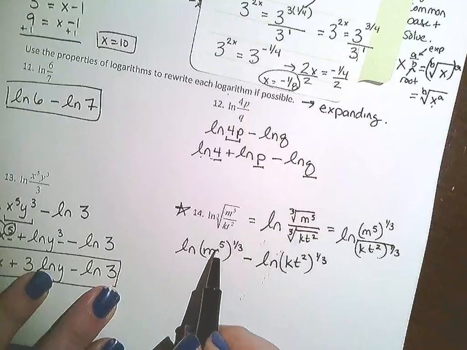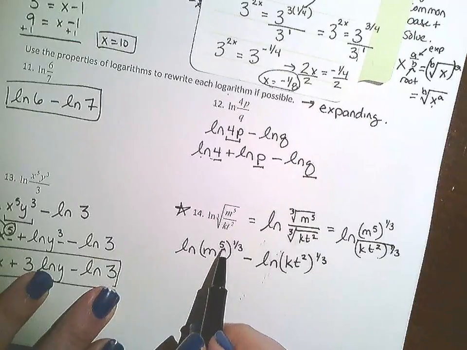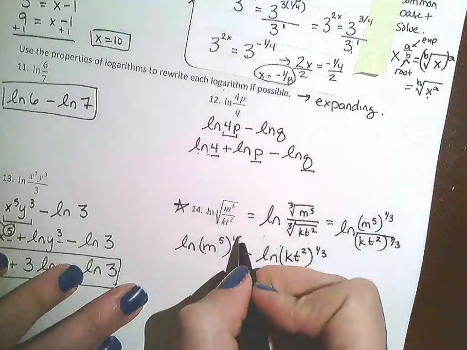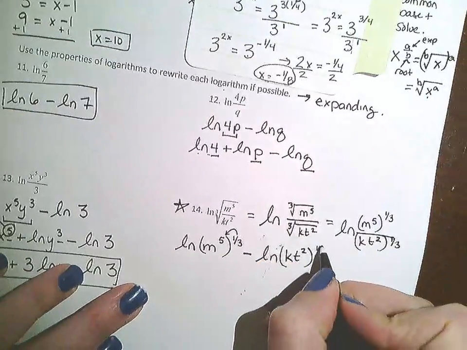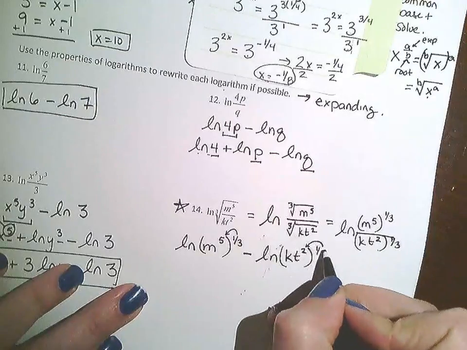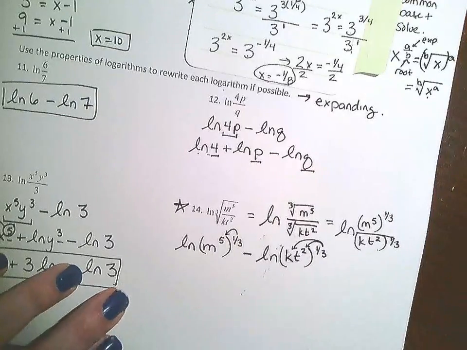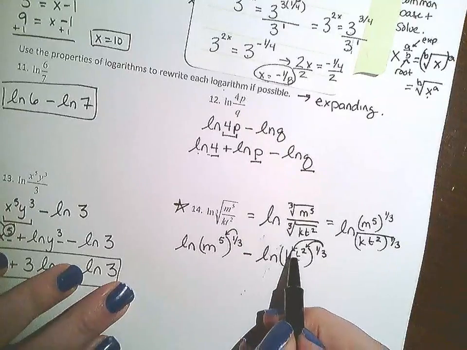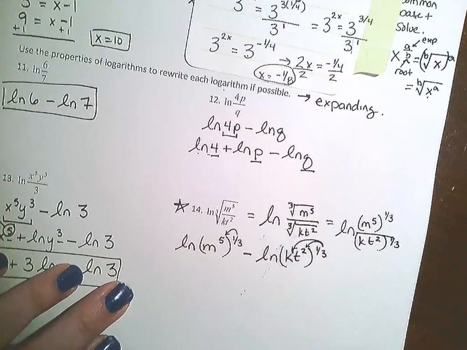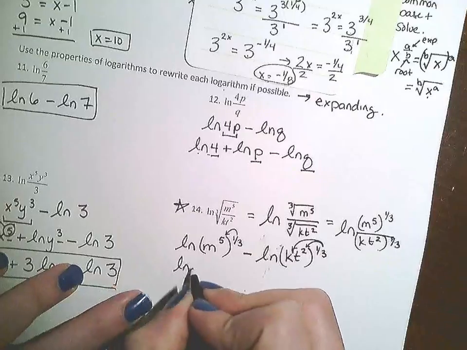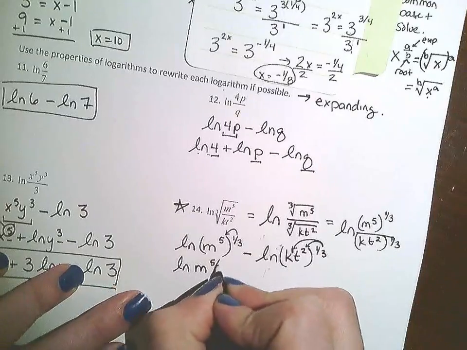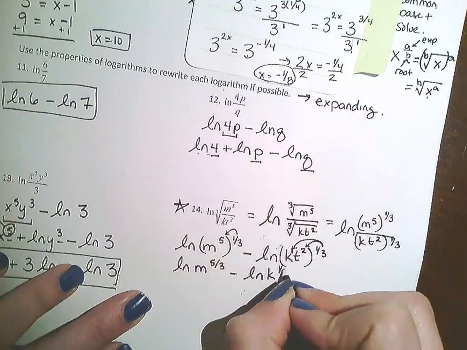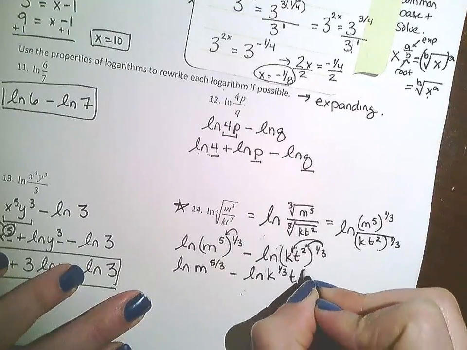I'm going to do it now because a lot of students tend to forget to distribute it at the end. So I'm going to rewrite this with distributing that 1/3 to everything. Every exponent is getting that 1/3. Even this k that technically doesn't have an exponent, it has an exponent of 1. So this becomes ln of m to 5/3 minus ln of k to the 1/3 times t to the 2/3.